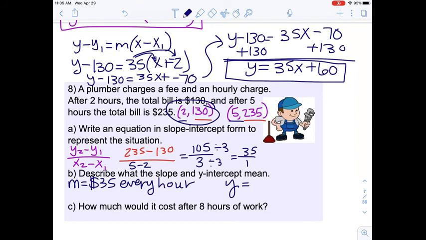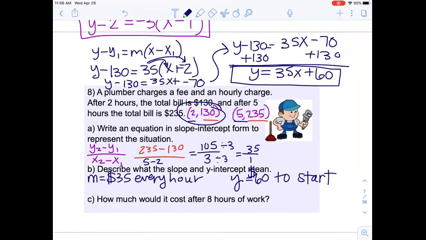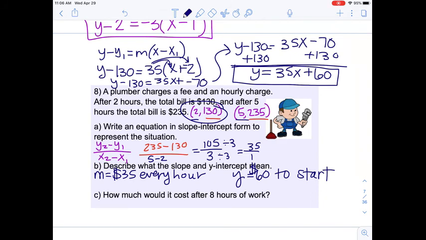And then our y-intercept, so you could write that as y or b, that $60 is how much the plumber is going to charge no matter what. If he works or she works 20 hours or 0 hours, it's still going to be $60 charge. So $60 to start.